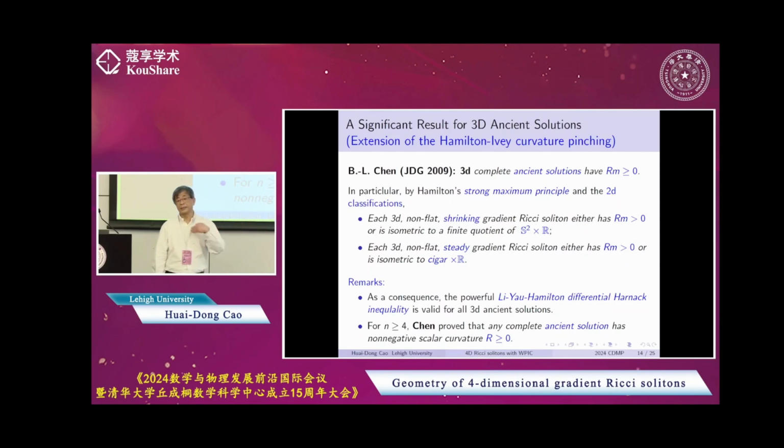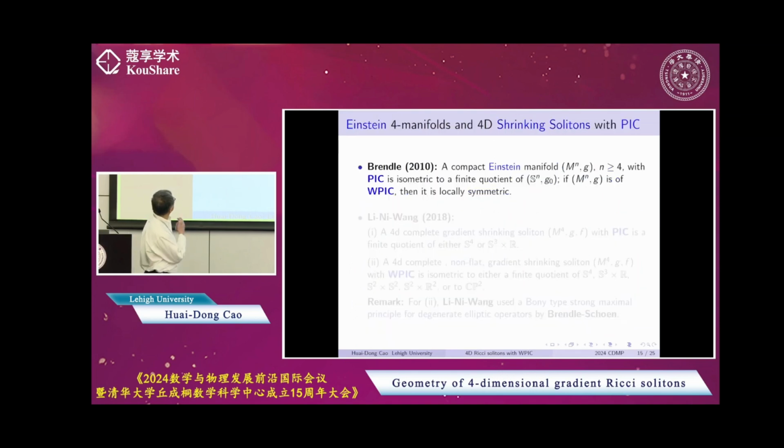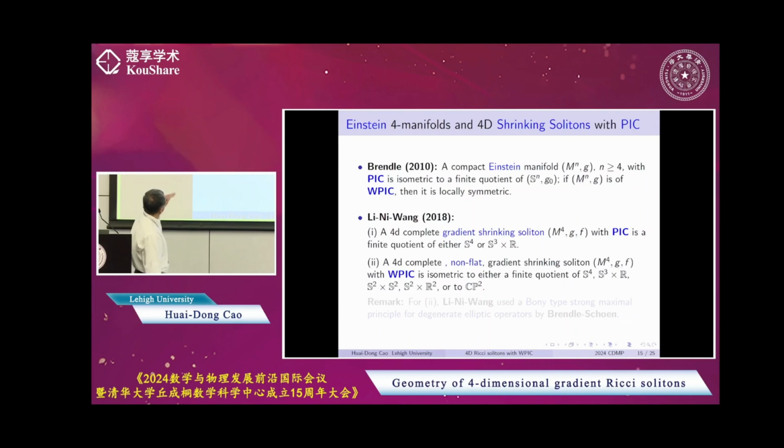So we want to go to 4 dimensions. So 4 dimensions, I would say, in the shrinking case is understood. In the Einstein case, the work is done by Simon Brendle. In general shrinking solitons, based on Hamilton's pinching estimates, Lei Ni and his two former students were able to essentially use Hamilton's estimates to understand the shrinking case.